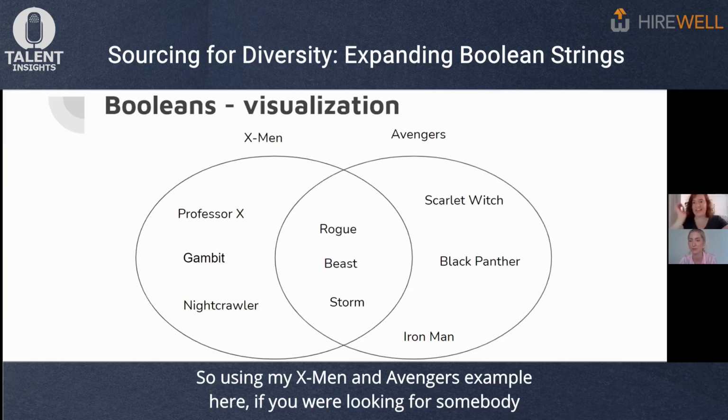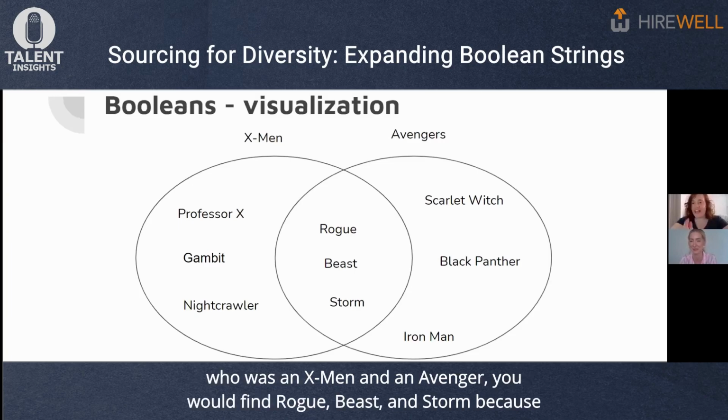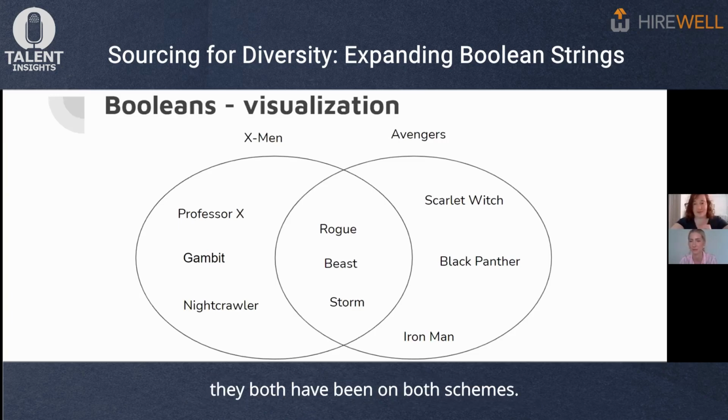Using my X-Men and Avengers example here, if you were looking for somebody who was an X-Men and an Avenger, you would find Rogue, Beast, and Storm. They have both been on both teams, right?